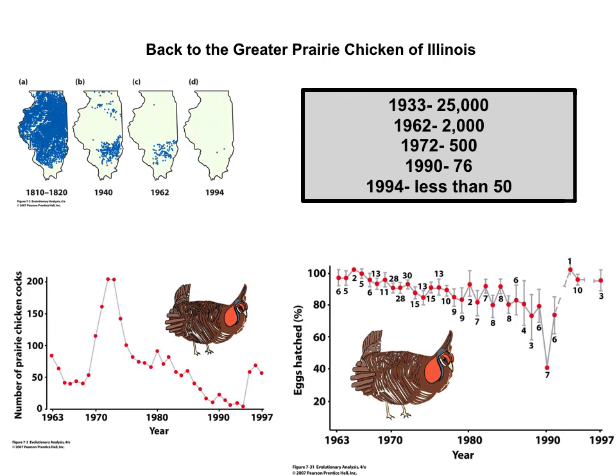So with that reduced heterozygosity due to drift, we also have these small populations, and in these small populations, the birds that remained were sort of forced to mate with individuals that they were probably related to, and so we get this double whammy.